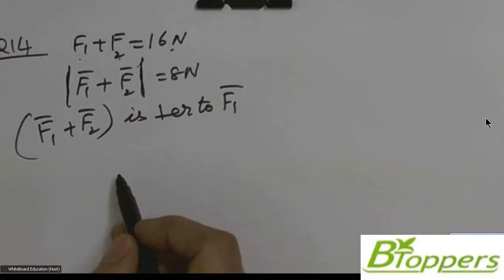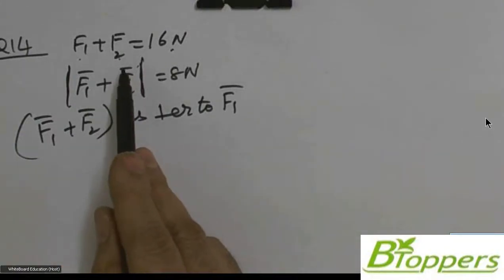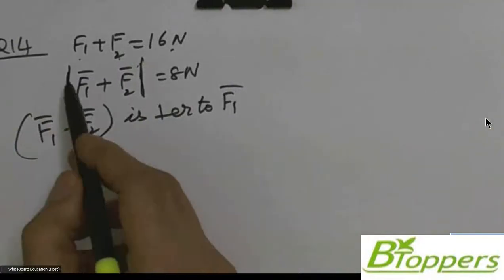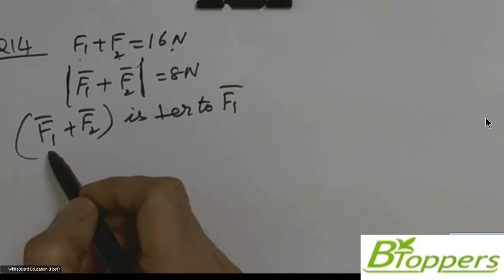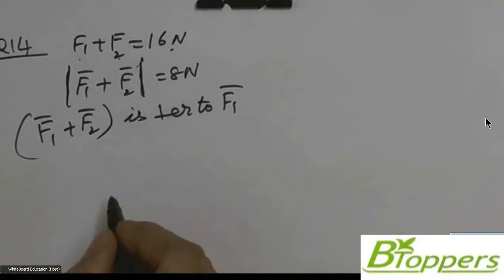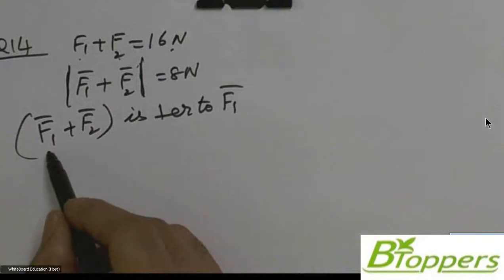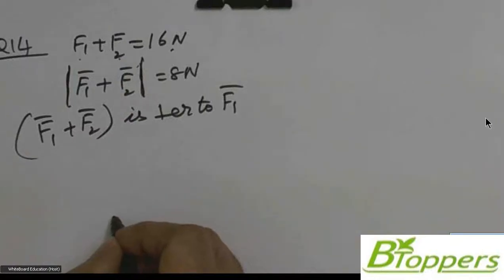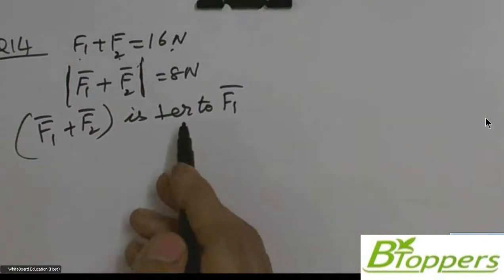So if you construct a parallelogram by representing the two forces F1 bar and F2 bar by the adjacent sides of the parallelogram, such that the tail of F1 bar is attached to the tail of F2 bar, then the diagonal of the parallelogram represents F1 bar plus F2 bar. The diagonal passing through the point of intersection represents F1 bar plus F2 bar, which is perpendicular to the first force F1 bar. That means the angle alpha made by the resultant with the first vector is 90 degrees.